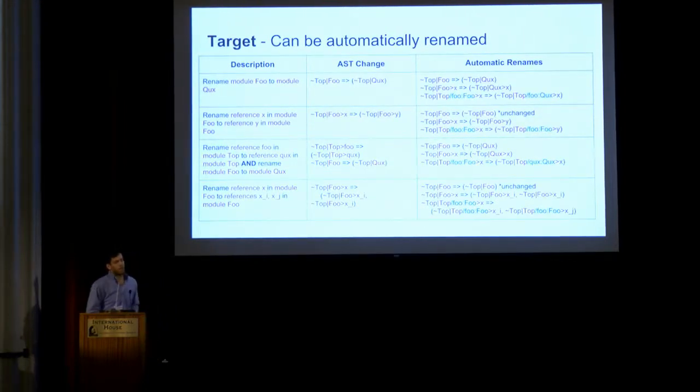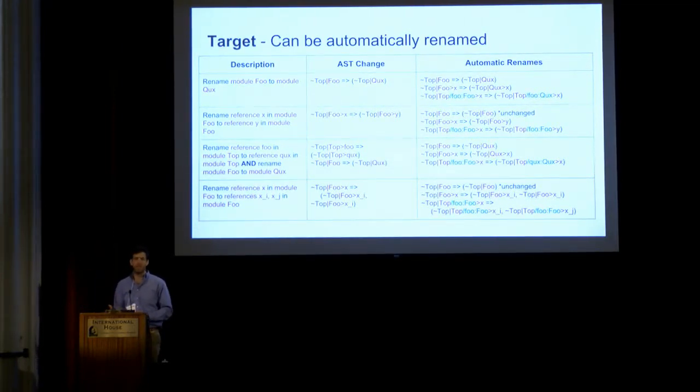The other thing that we've added is this automatic renaming. So if some transformation does lots of changes, we can record all of those and then calculate, if you have some target, what the new target should be under these different types of renames. So in this example, if we rename module foo to module cux, and that's represented by that AST change column, we can automatically rename all of these different types of targets.